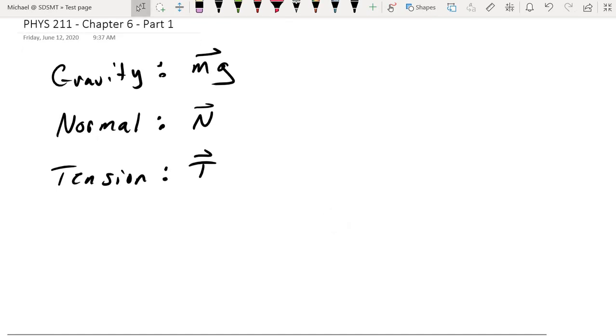And we saw multiple examples using these three forces to move objects around, and then we started incorporating multiple masses connected by ropes.